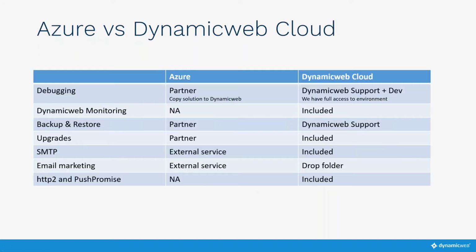Comparing Azure versus Dynamicweb Cloud: things like debugging, whether errors, performance or things not working, are on the partner, either you as a Dynamicweb partner or your hosting partner that is handling the Azure itself. Whereas in Dynamicweb Cloud, our support department will take care of that, and our development department has full access to the hosting environment, so we can do the debugging and performance troubleshooting in house. Then we have the monitoring tool that is part of the Dynamicweb offering.